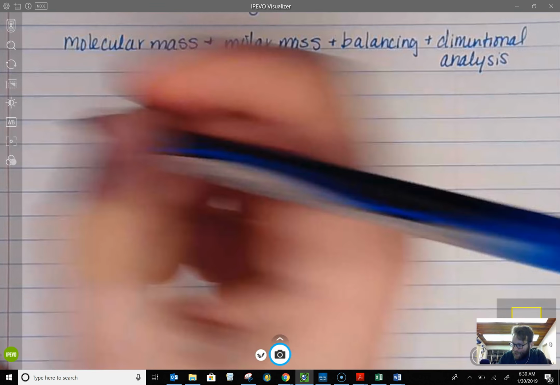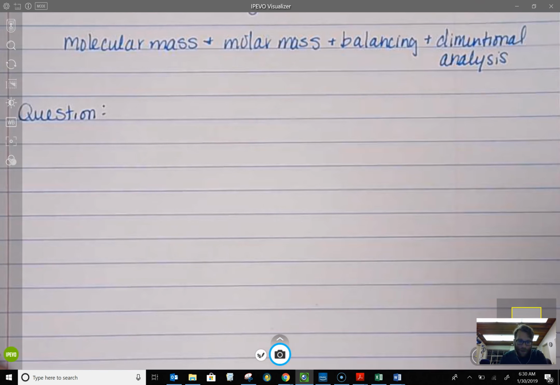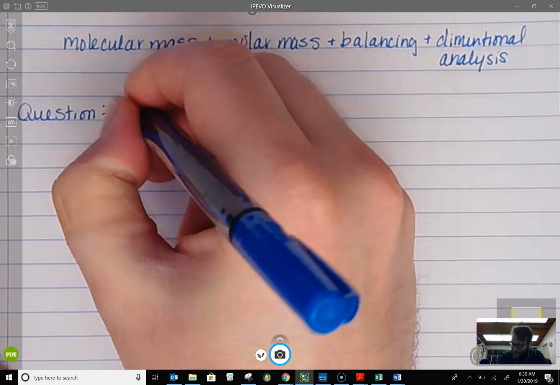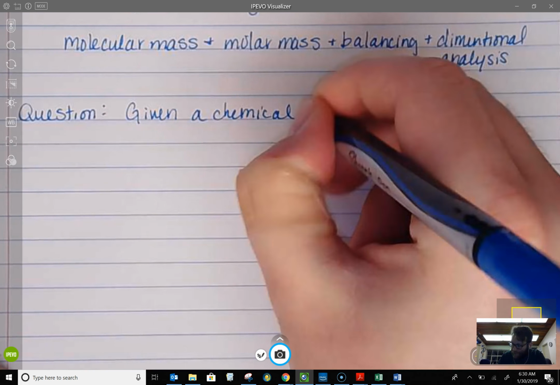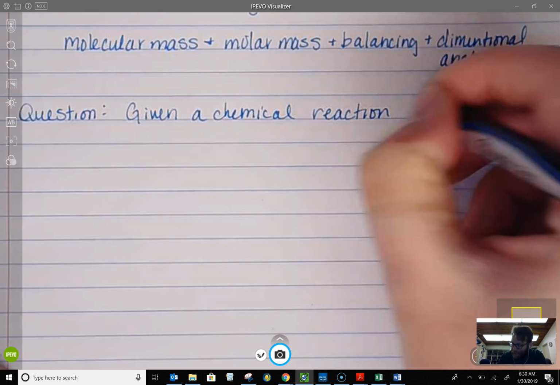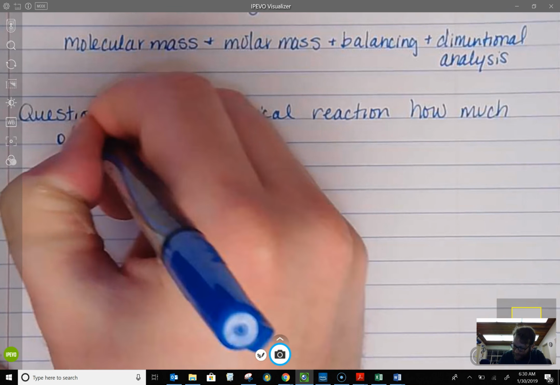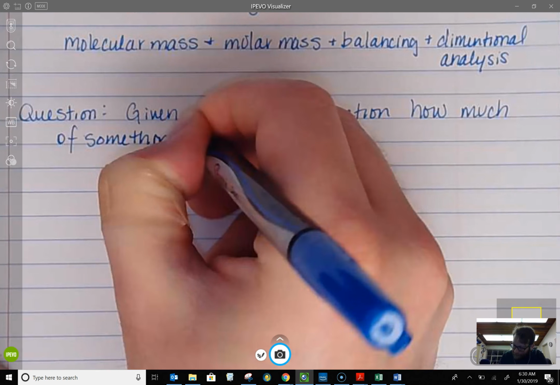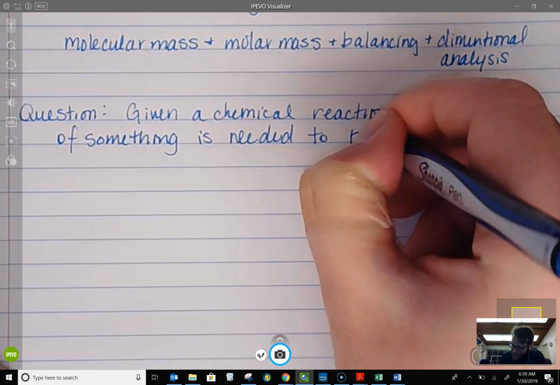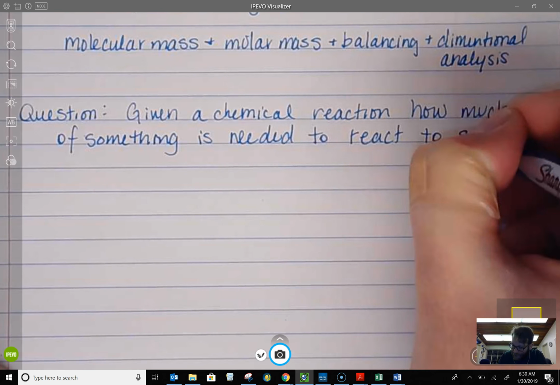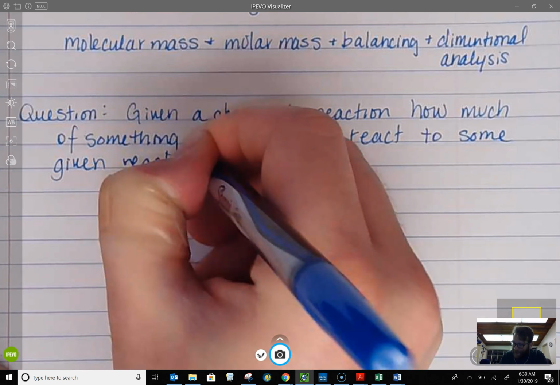So when setting up these kinds of questions, I might say that given a chemical reaction, how much of something is needed to react to some given reactant? Okay, so you might get a question that looks like that.